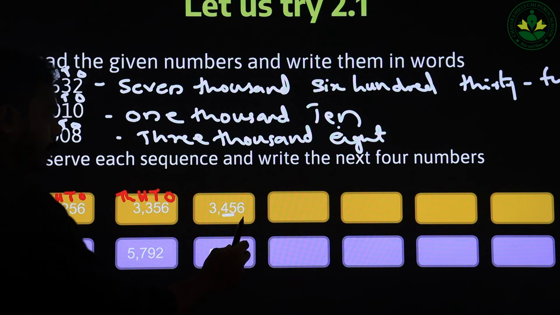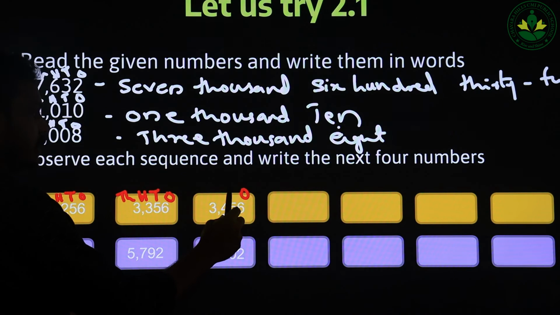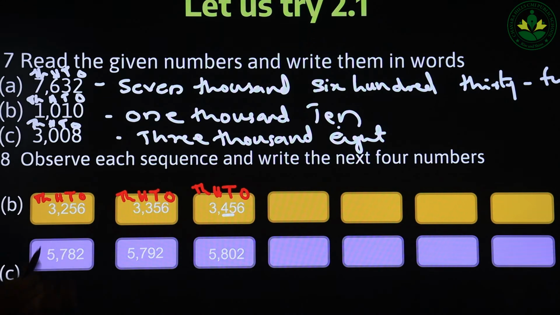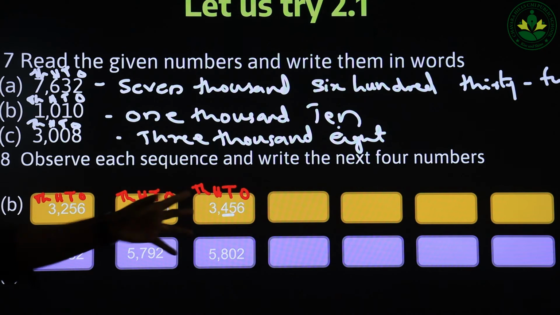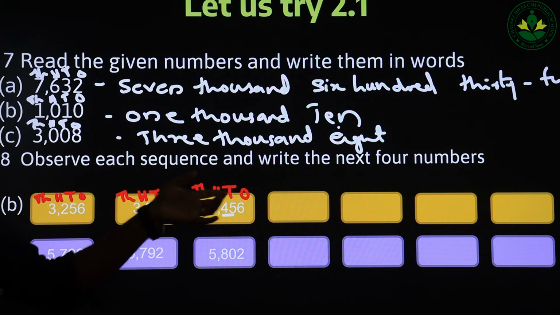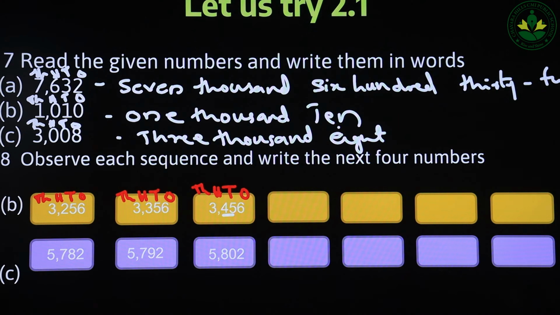And in the third number, ones place digit is 6, tens place digit is 5, hundreds place digit is 4, and thousands place digit is 3. In these three numbers the only difference is the hundreds place digit. That means first number plus 100 is the second number, second number plus 100 is the third number.